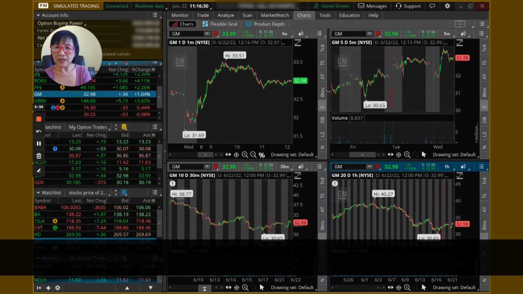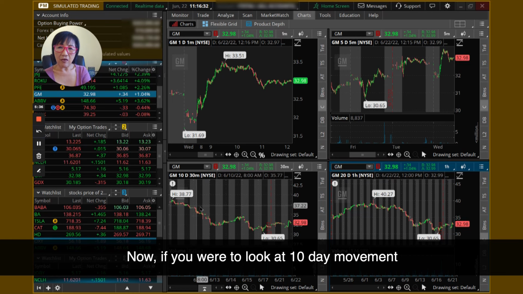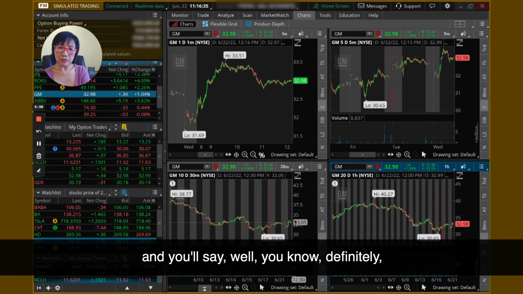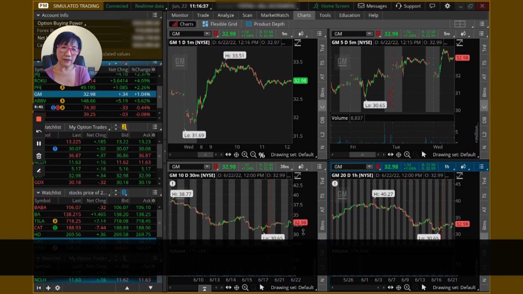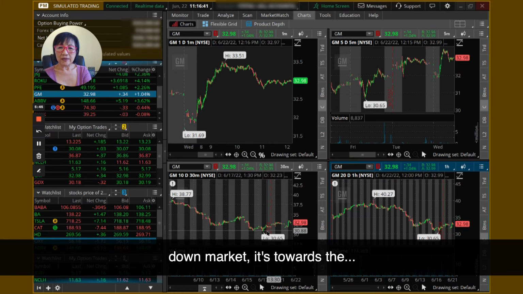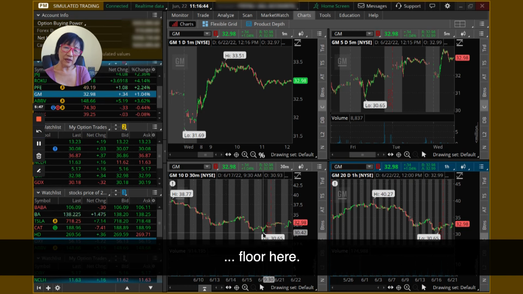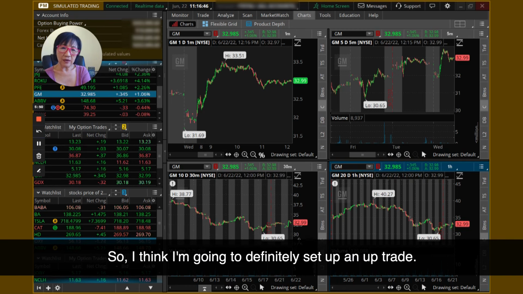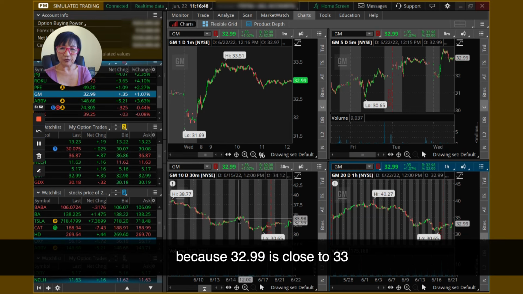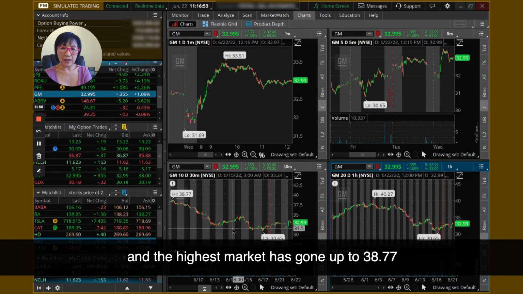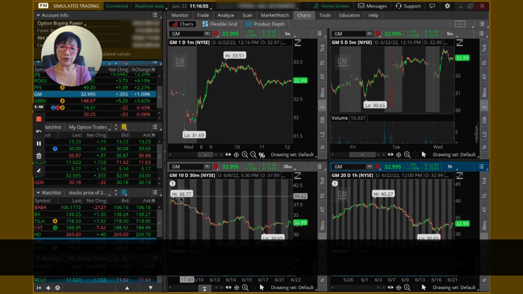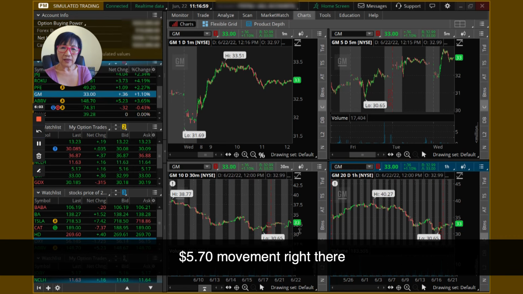Now, if you look at the 10-day movement, you'll say, well, definitely the market is towards the floor here, so I think I'm going to set up an up trade, because 32.99 is close to 33, and the highest the market has gone up to was 38.77. So 33 to 38, that's definitely a $5.70 movement right there.